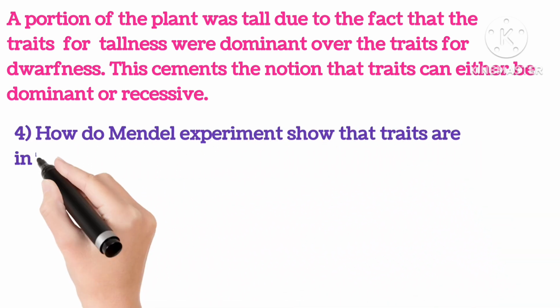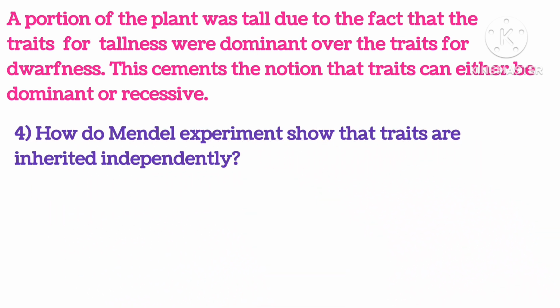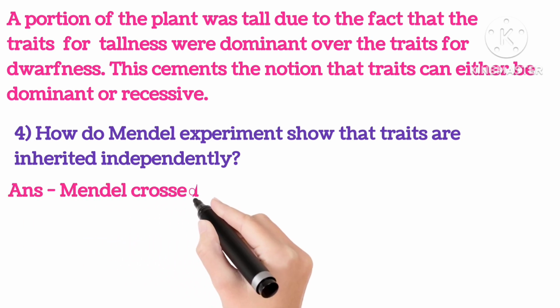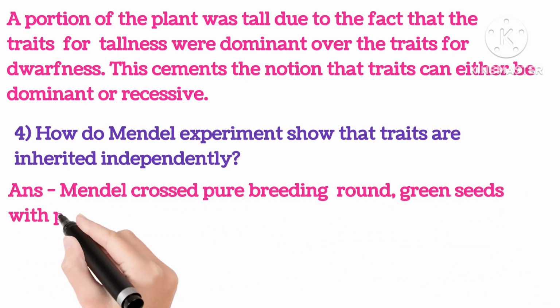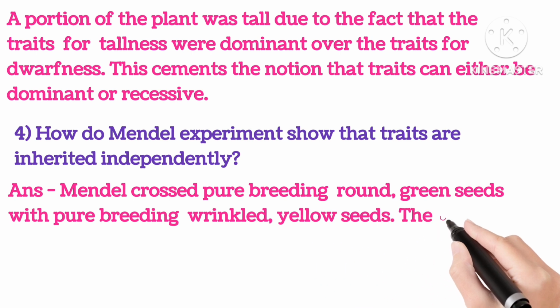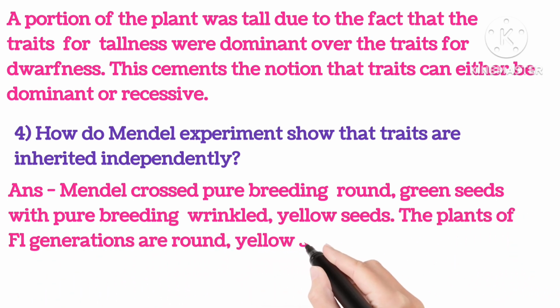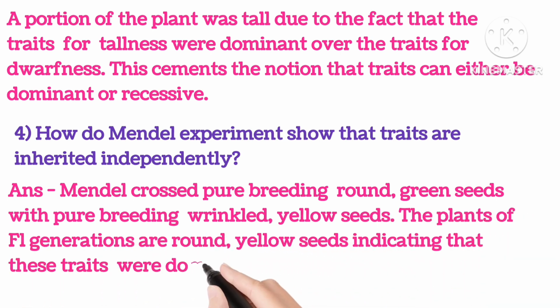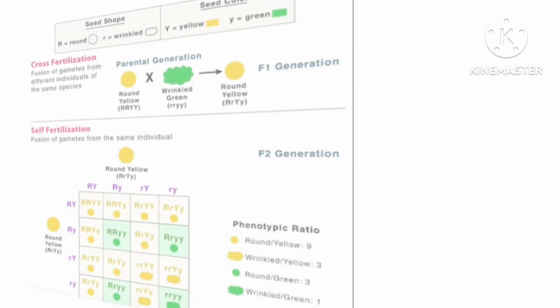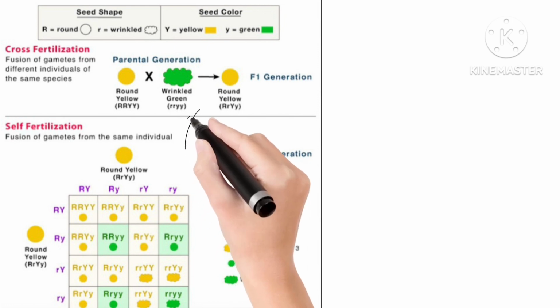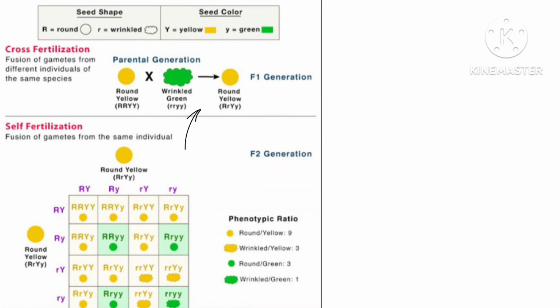Fourth, how do Mendel's experiments show that traits are inherited independently? Mendel crossed pure breeding round green seeds with pure breeding wrinkled yellow seeds. The plants of the F1 generation had round yellow seeds, indicating that these traits were dominant. As you can see here, round and yellow seeds.